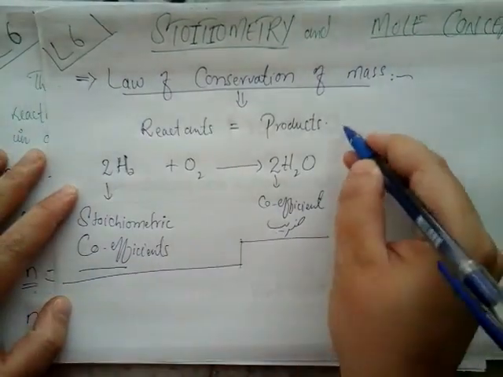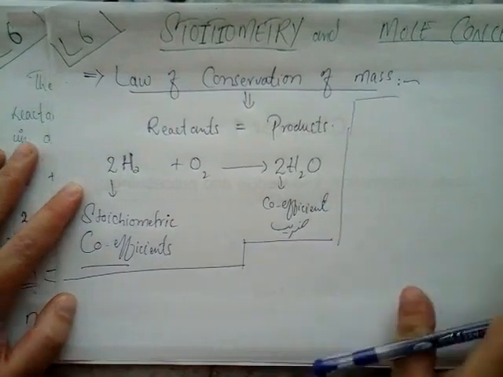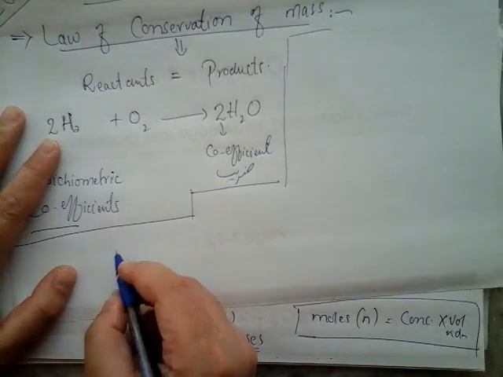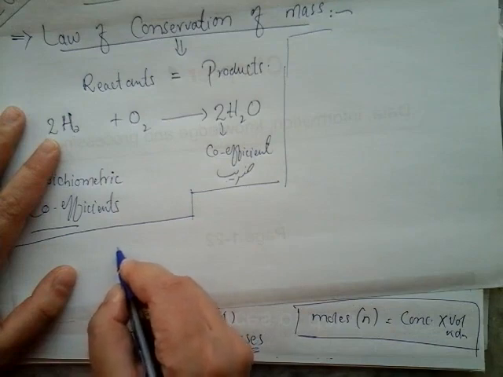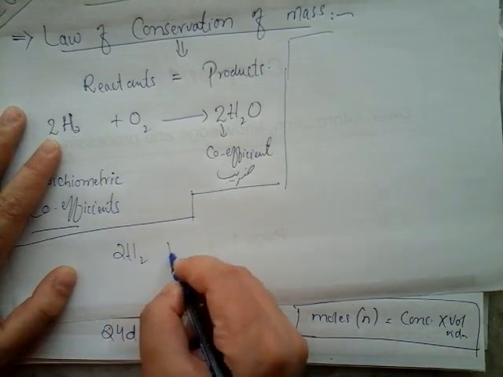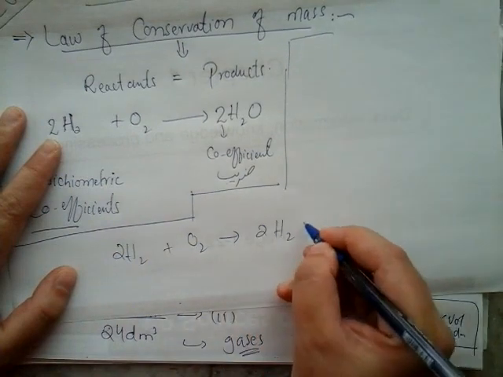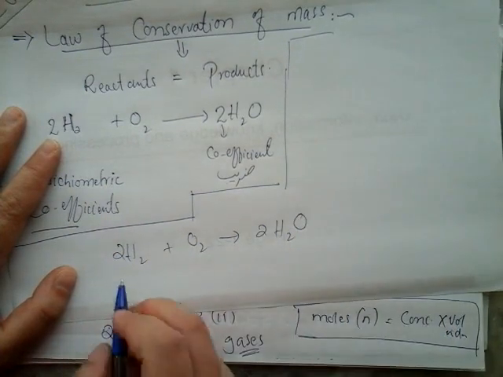Is that clear? Now keep in mind three things, okay? The moles of the reactants and the products. For example, 2 molecules of hydrogen react with 1 molecule of oxygen, as a result 2 molecules of water are formed.